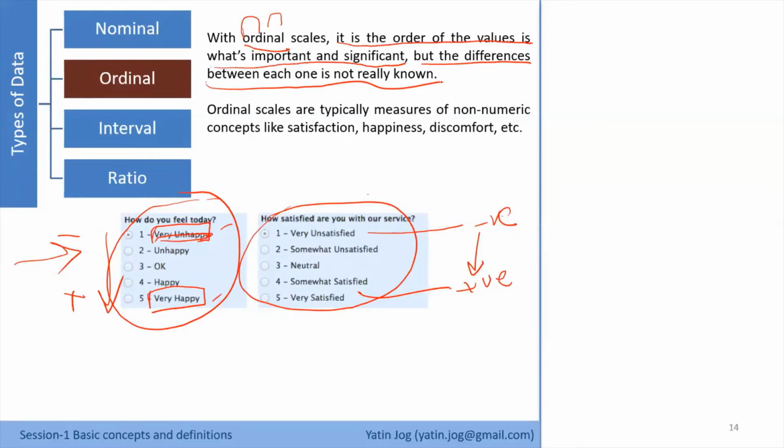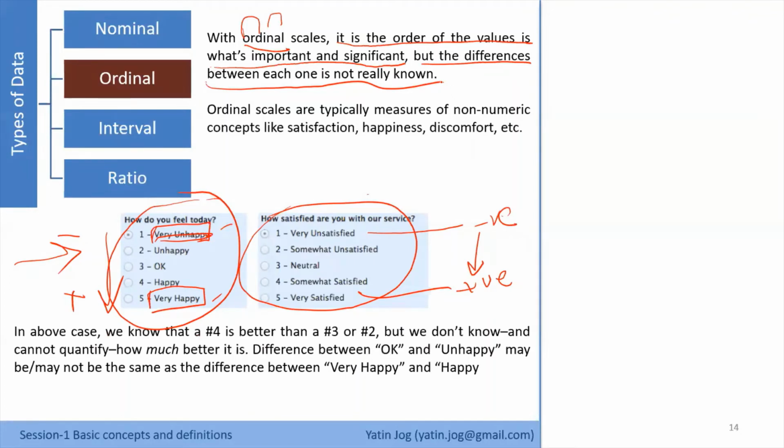I just know very unhappy is different, unhappy is different, but I don't know at what point I can say that from very unhappy I have shifted to unhappy. That is subjective. Okay. So in the above case, we know that number 4 is better than number 3 or number 2, but we don't know and cannot quantify how much better it is. The difference between okay and unhappy may or may not be the same as the difference between very happy and happy. So that is all about the ordinal scale.